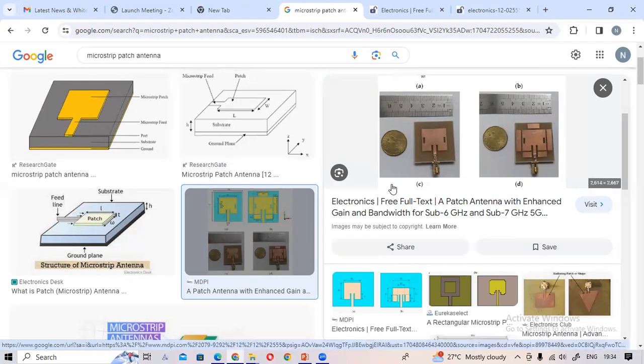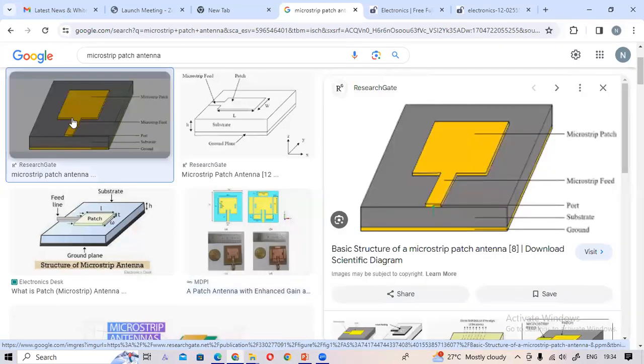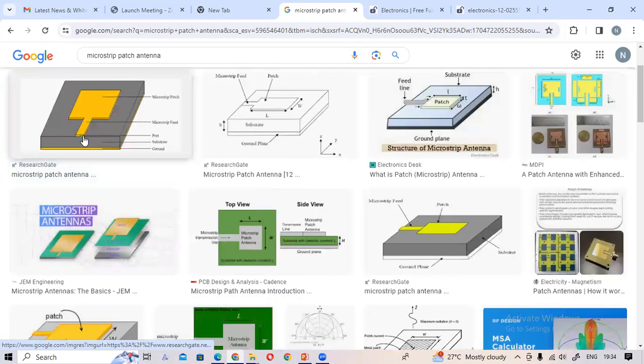When we are giving a signal, this antenna will be excited, and some current is generated in this antenna.